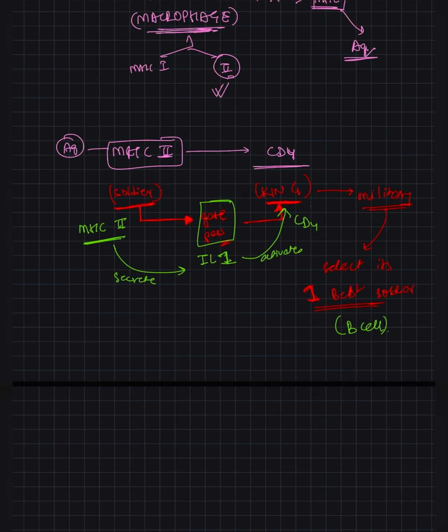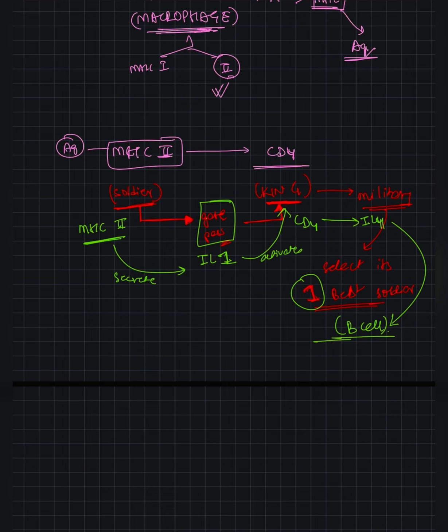After activation of CD4, CD4 will release the military. The military here is interleukin 4. Interleukin 4 means the military selects its one best soldier. It means interleukin 4 will select a B cell.